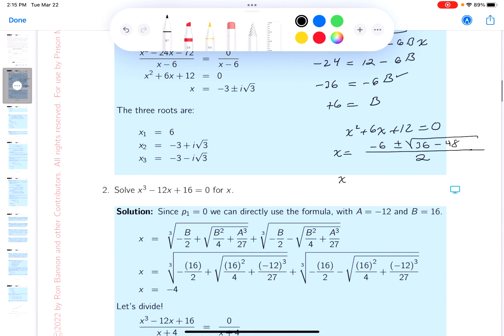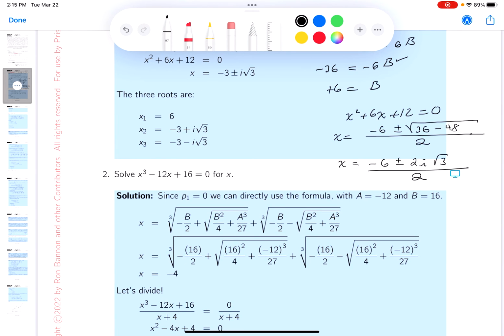Let's write this down. 36 minus 48 is going to be minus 12. So you can get 2i root 3. Divide through by 2, and what do you get? X equals minus 3 plus or minus i root 3. So I got my roots.